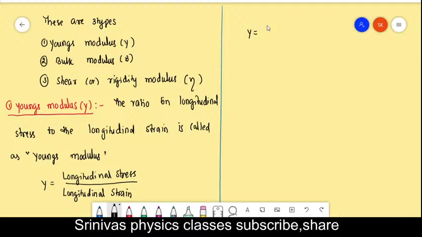Then what is the formula for longitudinal stress? Force by area, like any stress formula. What is the longitudinal strain formula? Delta L by L, or sometimes e by L also we can write.